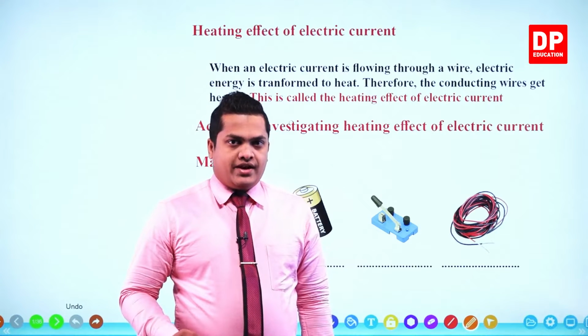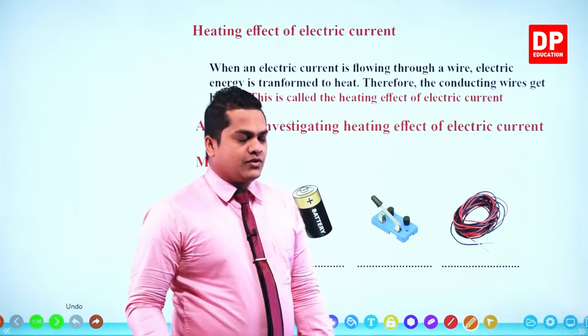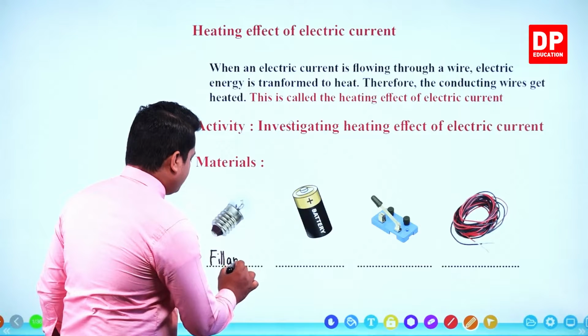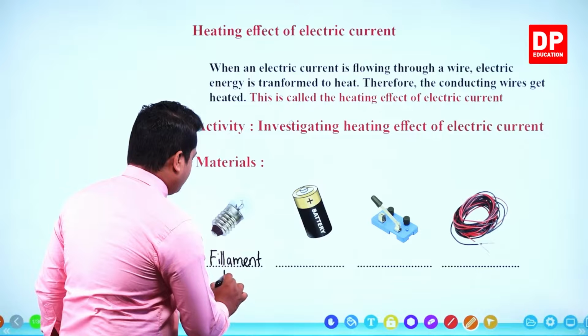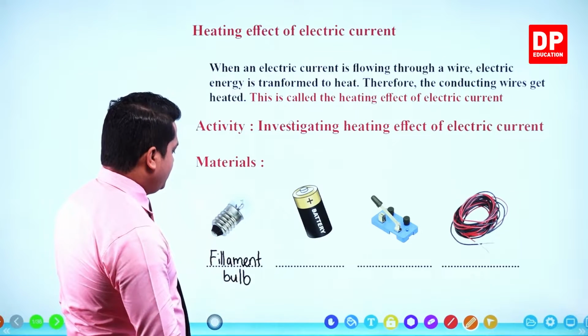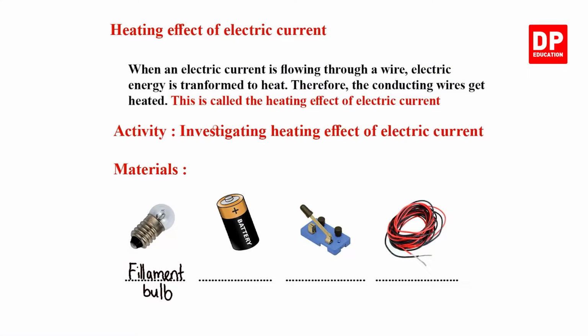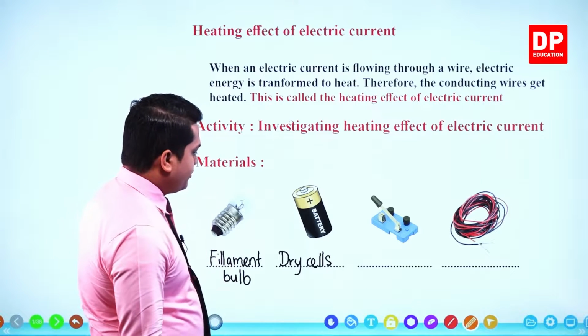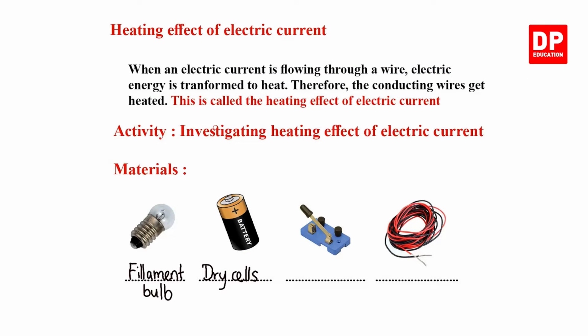In order to do that, the materials that you need are a filament bulb, then dry cells in order to provide electricity, and then a switch.